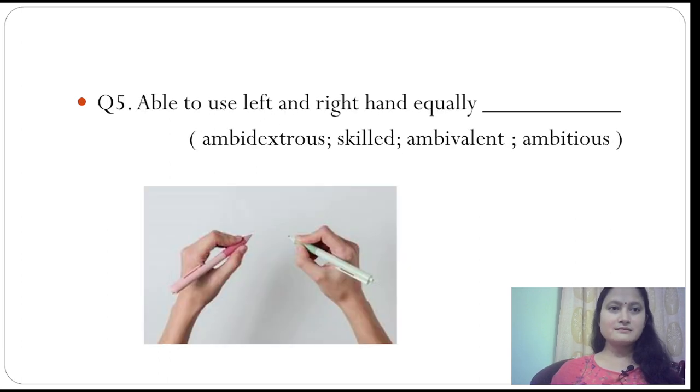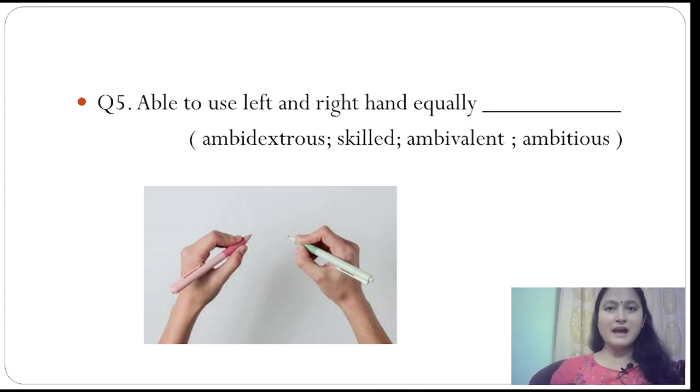Moving to the next is one able to use left and right hand equally. You can see in the picture in both hands that person is holding a pen and he will write with both his hands. So that person will be ambidextrous.